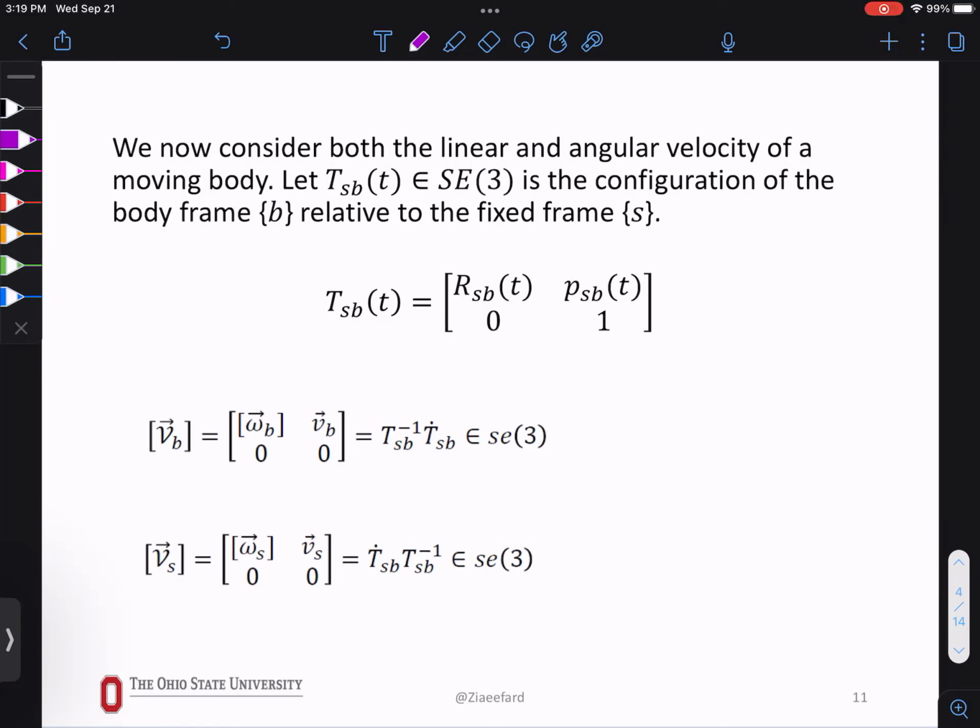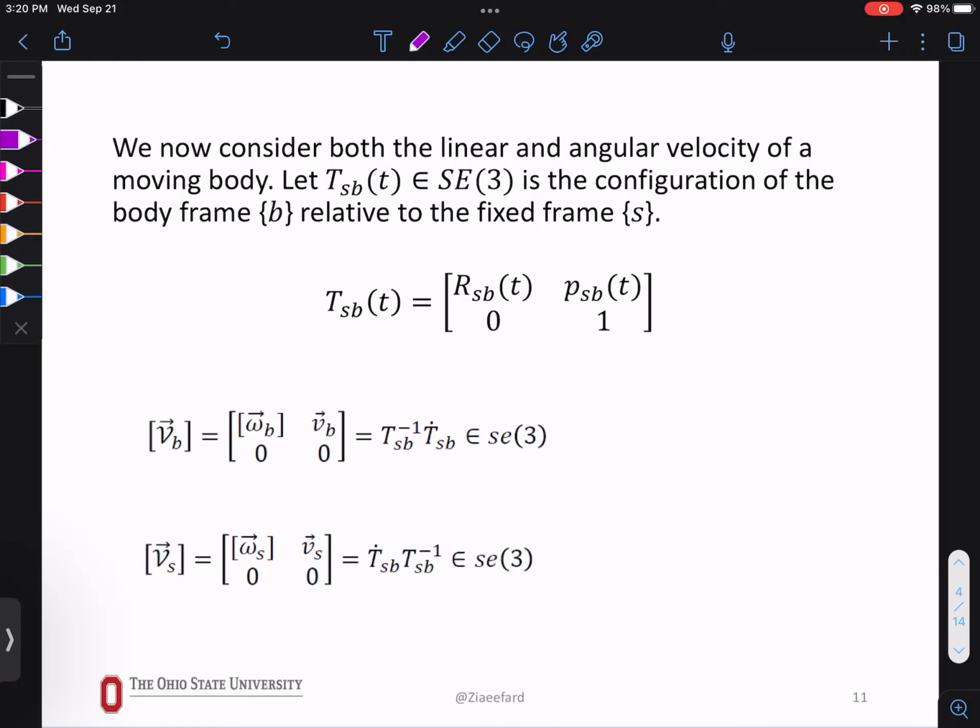Oh, right here, the skew symmetric representation of that. So this is 3 by 3, 0, 3 by 1, 0, 1, 4 by 4, because this has to match. If you have the omega, the axis of rotation, and if you have v, the velocity, if you put them in this form, you can derive your transformation from it. It's going to be your body twist.